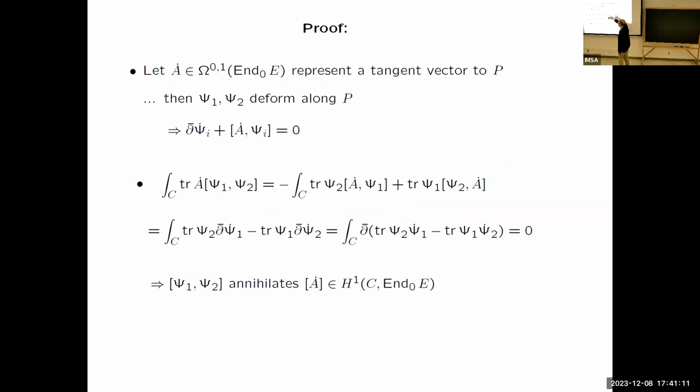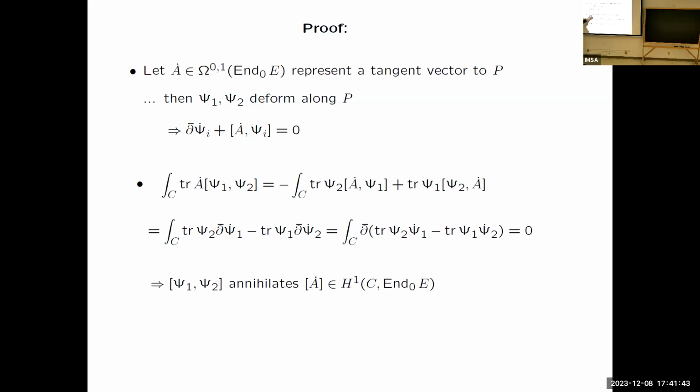Let's take a tangent vector to this Pfaffian hypersurface. We represent that in Dolbeault terms by a (0,1) form. These two Spinor-valued Higgs fields deform along P. That means as we vary the holomorphic structure, we can vary psi i, so they satisfy an equation like this, with a variation psi i dot.